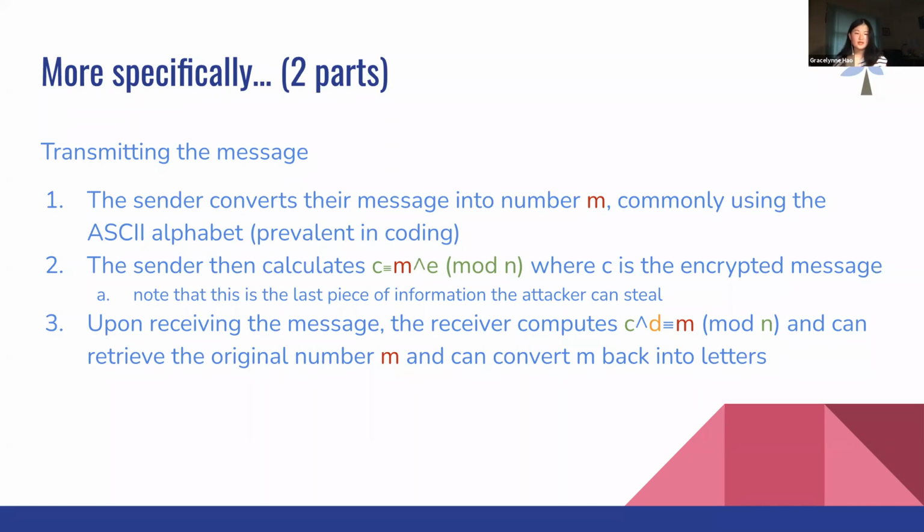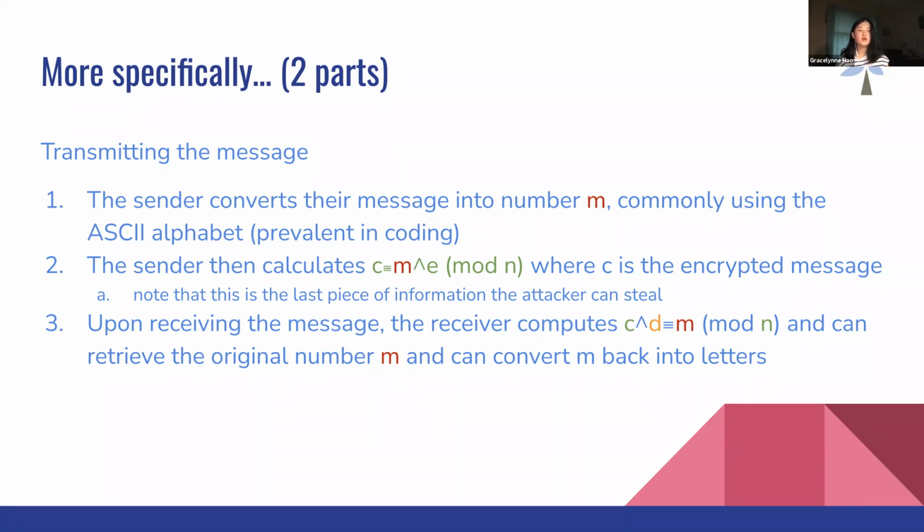Okay, so does anyone have any questions on these two slides? Yes, I will get into an example briefly, but only for generating the public and private keys, just because actually using the encryption method is a bit more difficult and will probably take more time than we do have today.